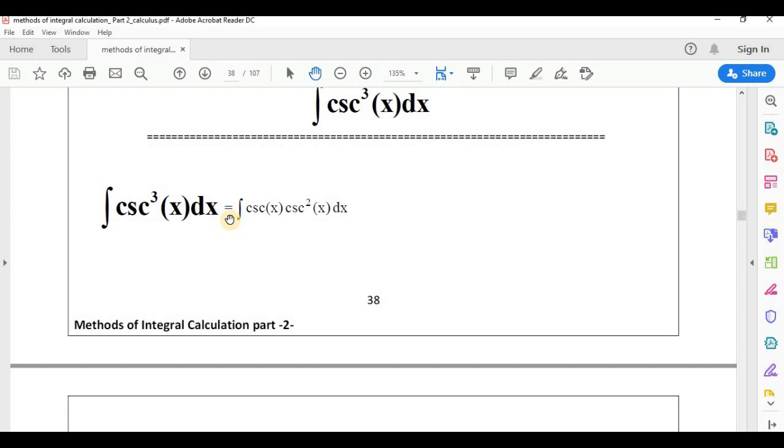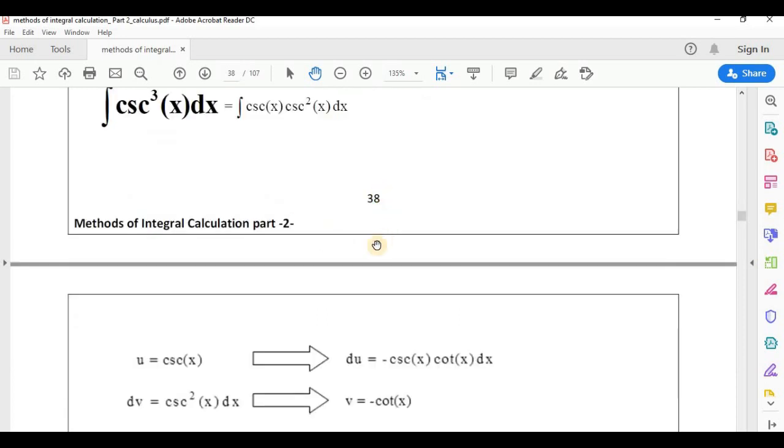So the integral will become the integral of cosec x multiplied by cosec squared x dx. And we will use the formula for integration by parts. Let's take our assumption. This one will be u, and this part will be dv. u equals cosec x, and dv equals cosec squared x dx.